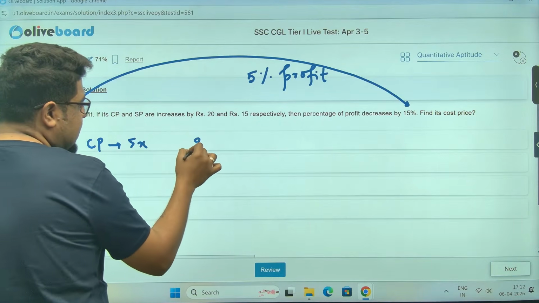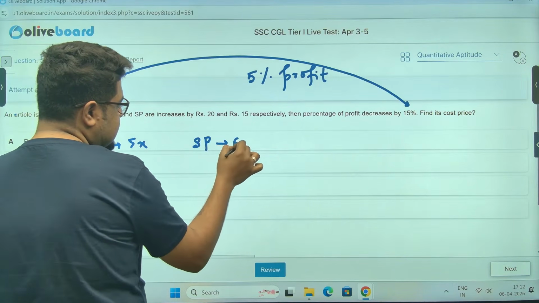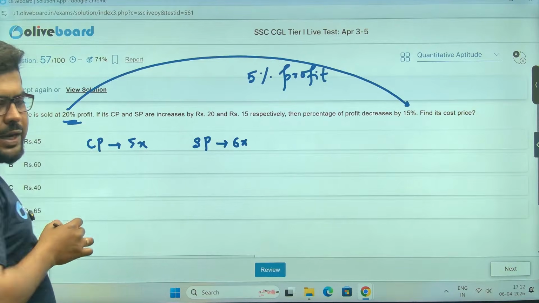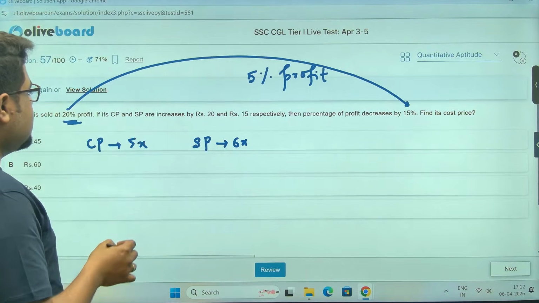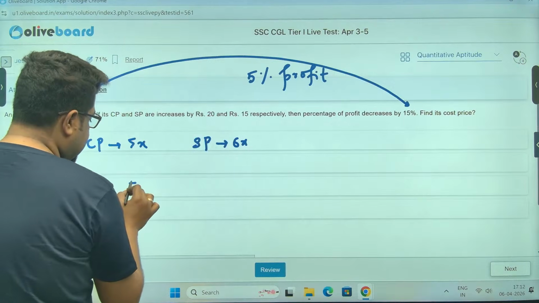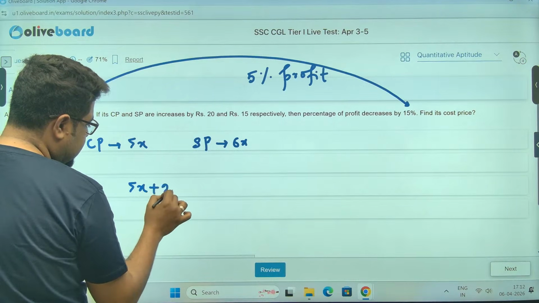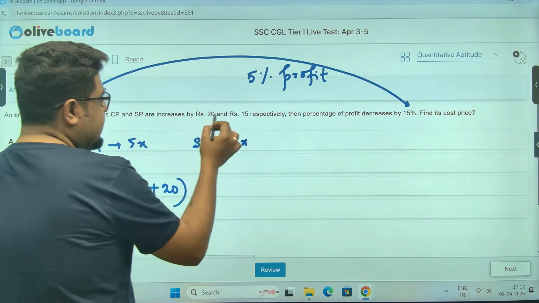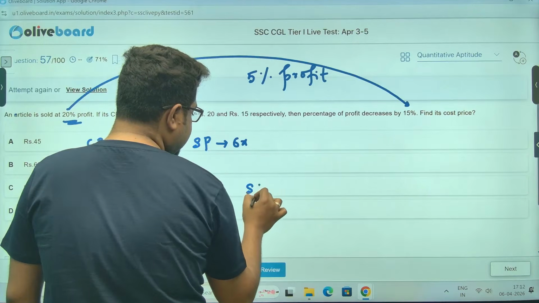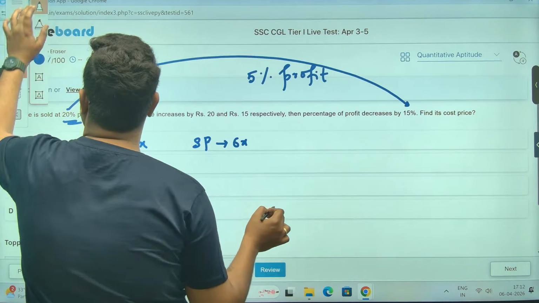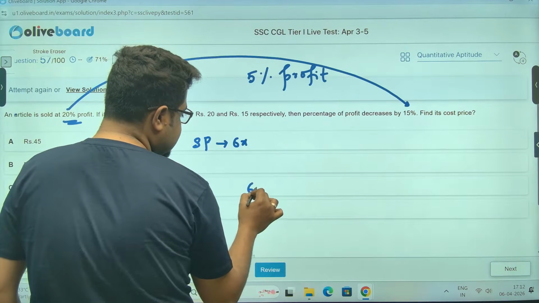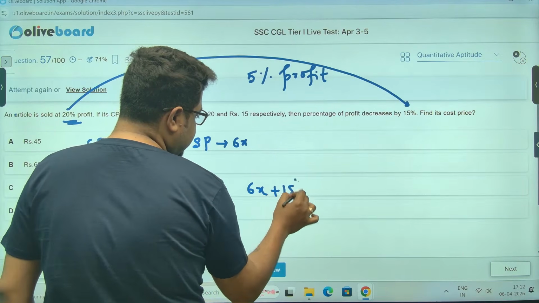So the initial SP would have been 6x. Why? Because at 20% profit, 1/5 is the profit. So CP increases by 20 rupees, 5x plus 20. And SP increases by 15 rupees. SP was 6x, so this increases by 15.